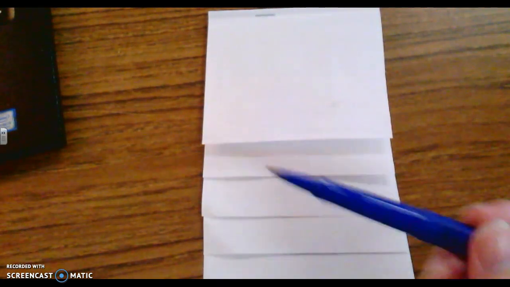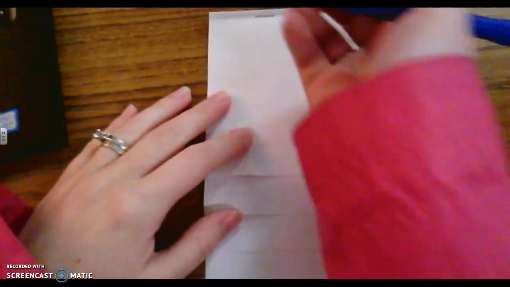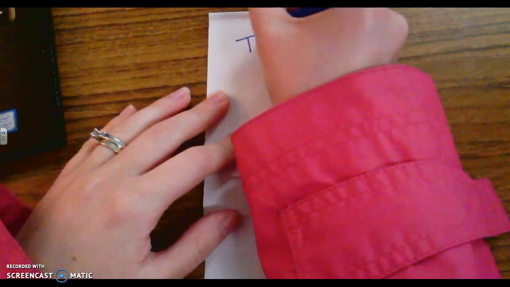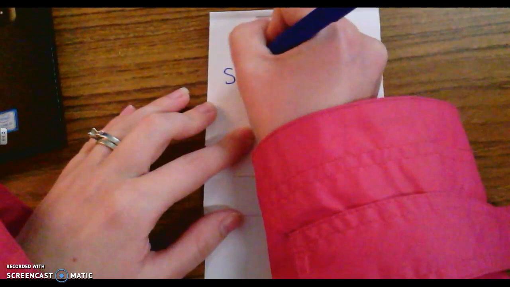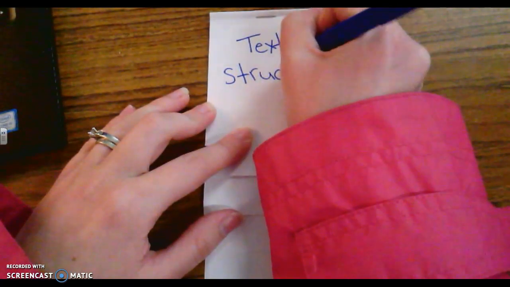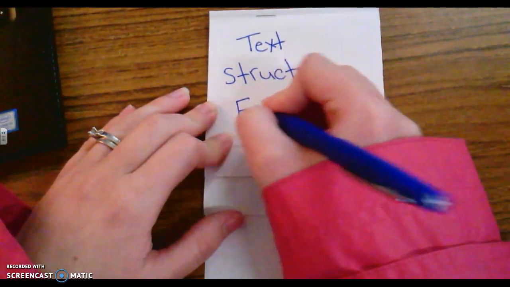Okay, now take your pen or pencil, if you have a marker and you want to color code them, that would be fine too. I'm just going to use a pen, and let's label this text structure foldable.